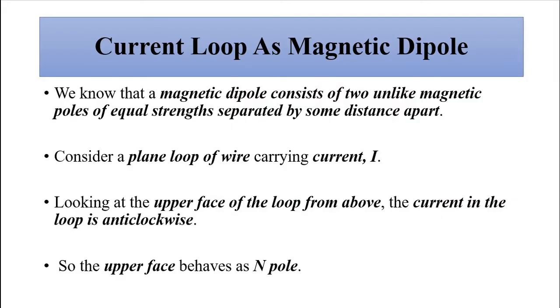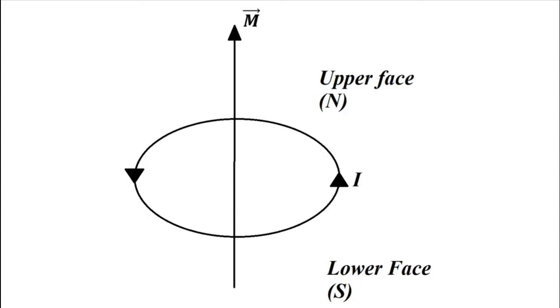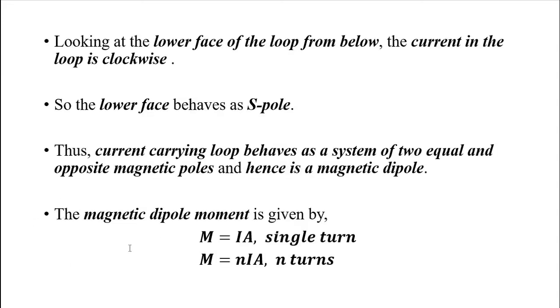Now, the current carrying loop behaves as a magnetic dipole. Okay, and the magnetic dipole moment of this current carrying wire loop is given by the product of the current I and the area of the loop.